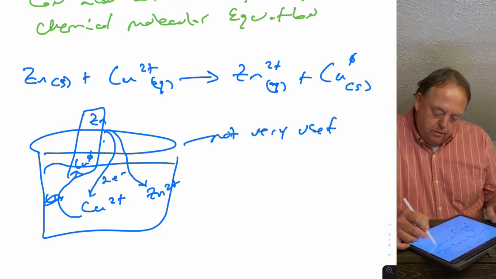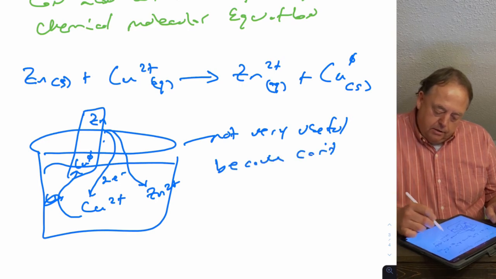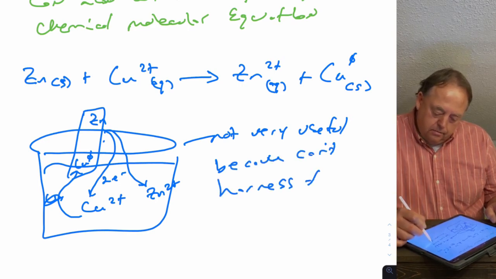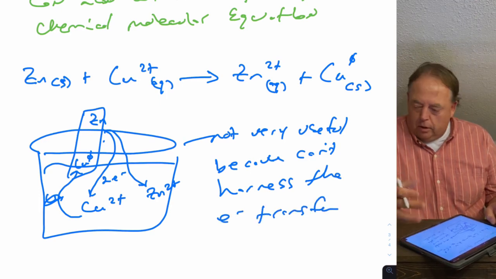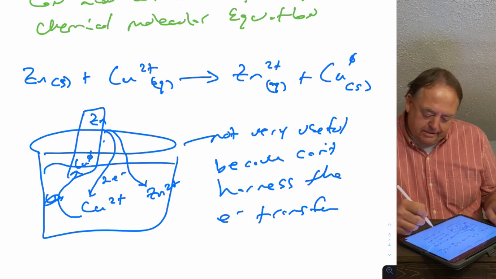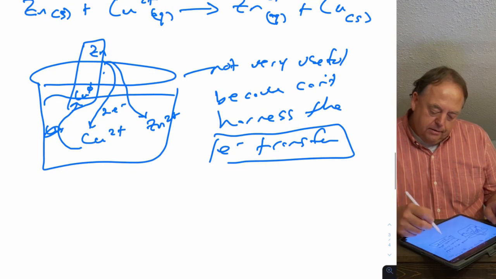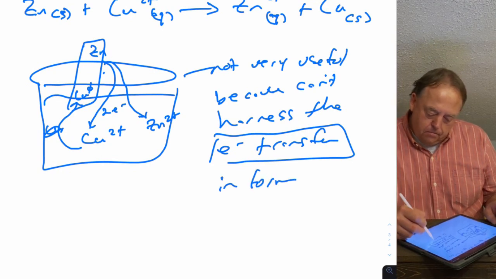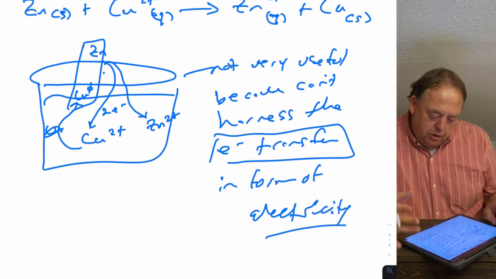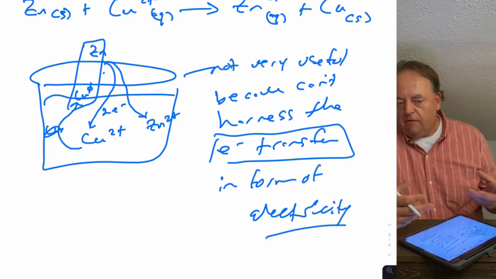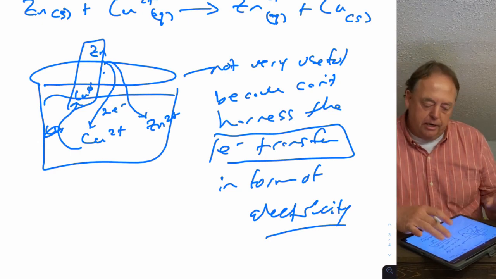But this is not very useful because you can't harness the electron transfer. In all oxidation reduction reactions, they're electron transfers from one thing to another thing. You could not harness the electron transfer in the form of electricity if you put everything in the same beaker together.